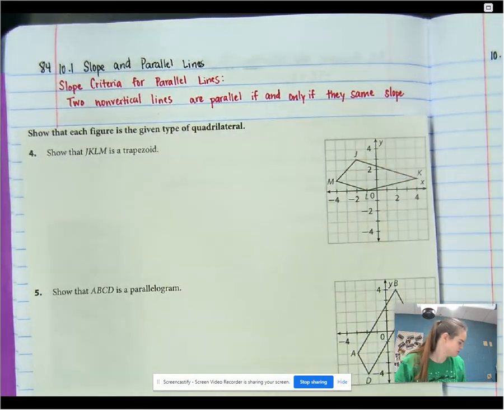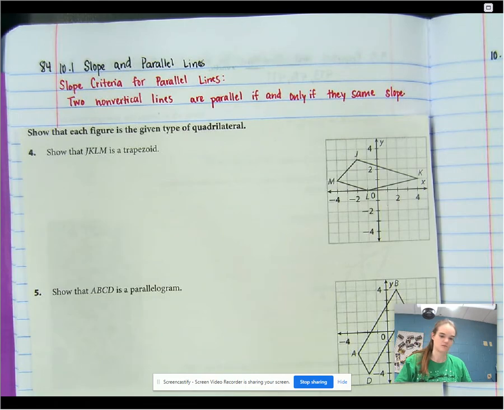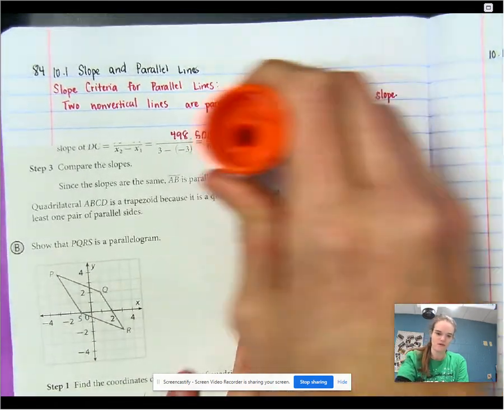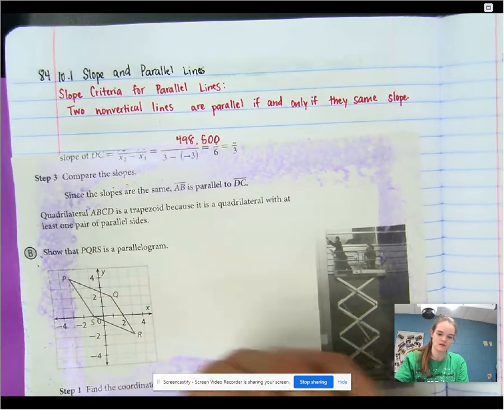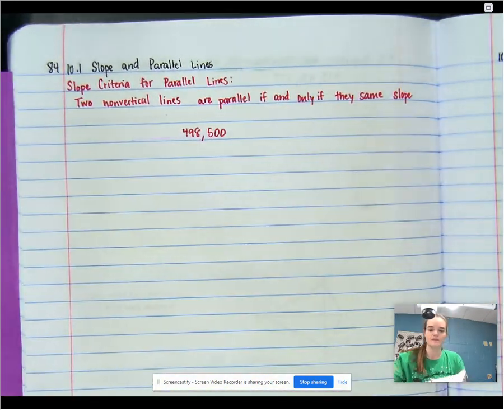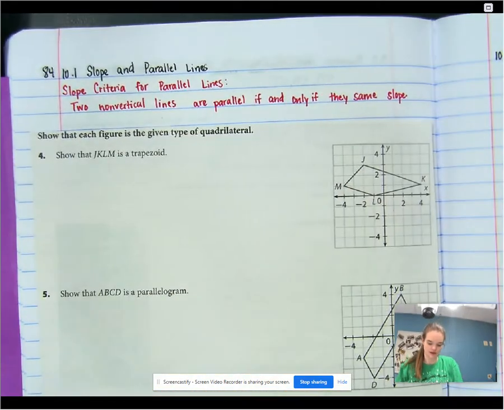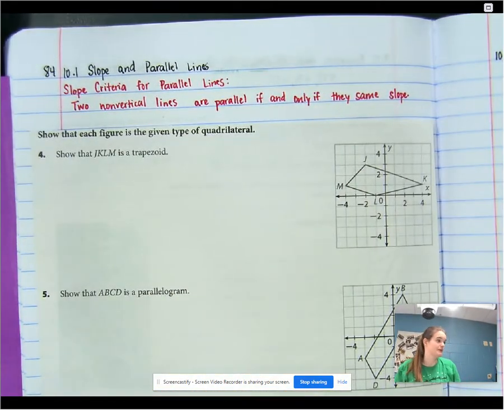Glue that right there. Okay, we're going to work that out, and then we'll talk about what's on page 500 in a minute.